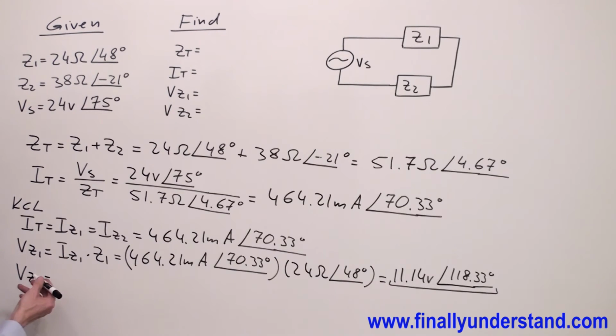Next, we're supposed to find the voltage across impedance Z2. Again, we are going to use Ohm's law. VZ2 is equal to I Z2 times Z2. Current times impedance is equal to voltage.